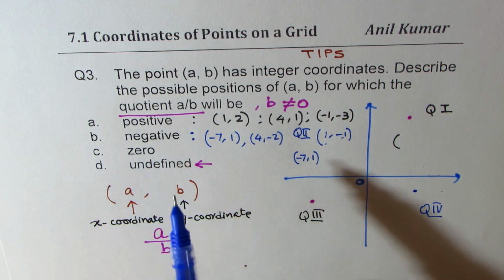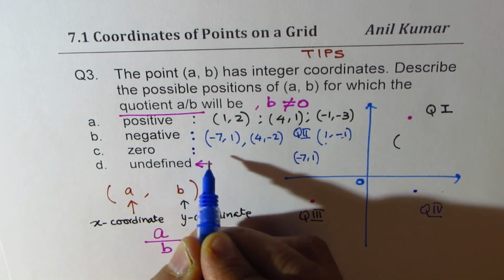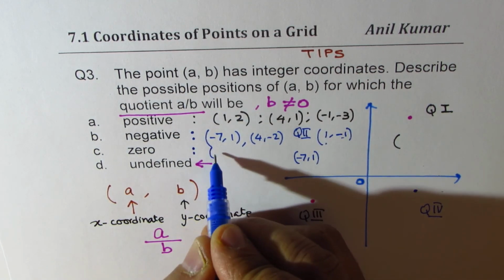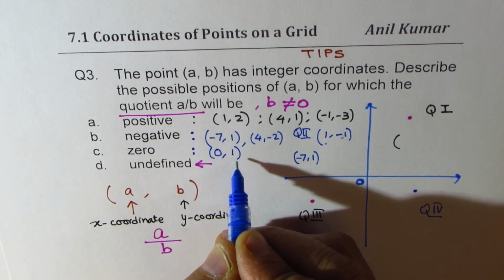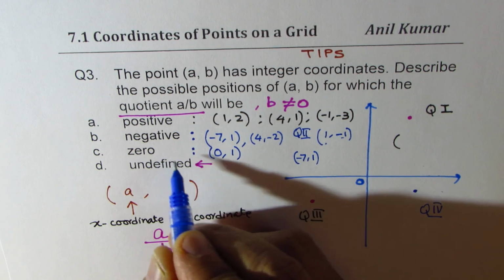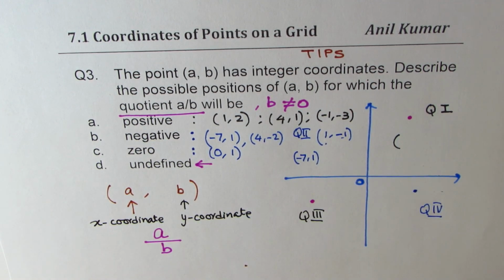Now, part C. When can I get 0 when I divide A by B? That means A should be equal to 0, right? So if I write 0 here and any other number, 0 divided by 1 is 0. So we are looking for points where the A value is 0. Correct? Which are those points?